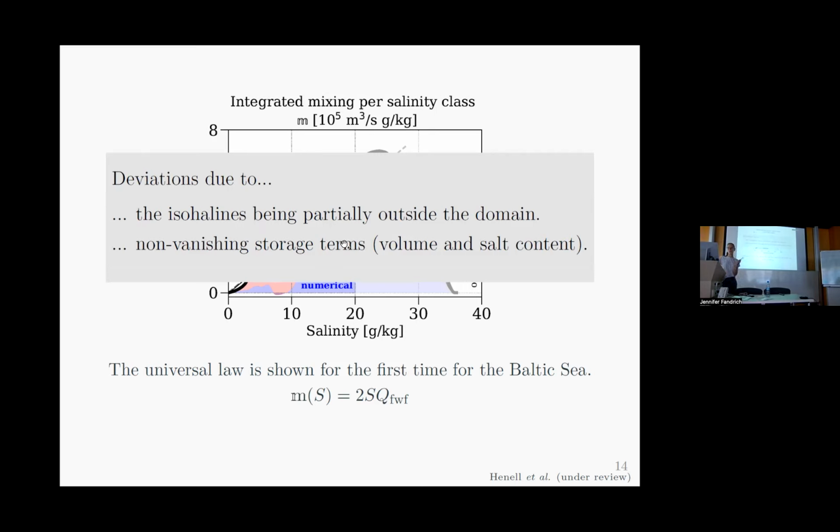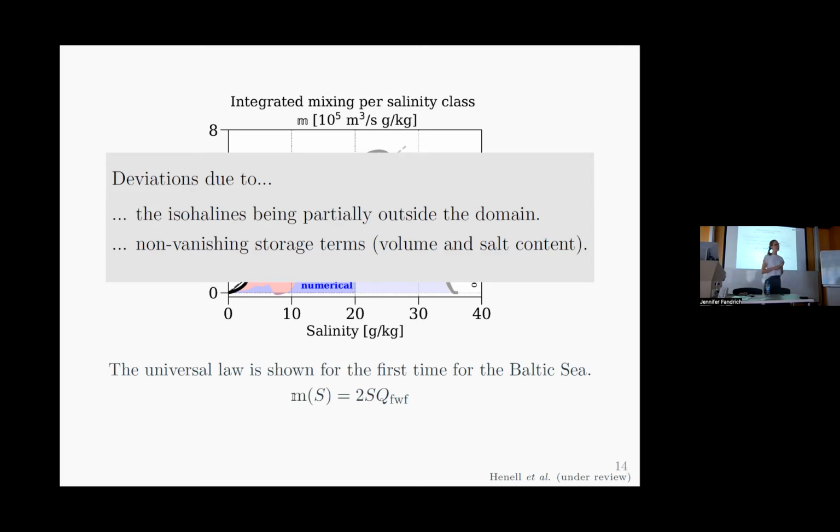And then we also have the fact that we're only looking at the 2-year model run. And that's why the storage terms do not vanish, they do not become zero. So if we take a look at a longer model run, then the two curves should follow each other very well, since that's also what is in the theory for the derivation of this formula, that you have to look at a longer time scale.